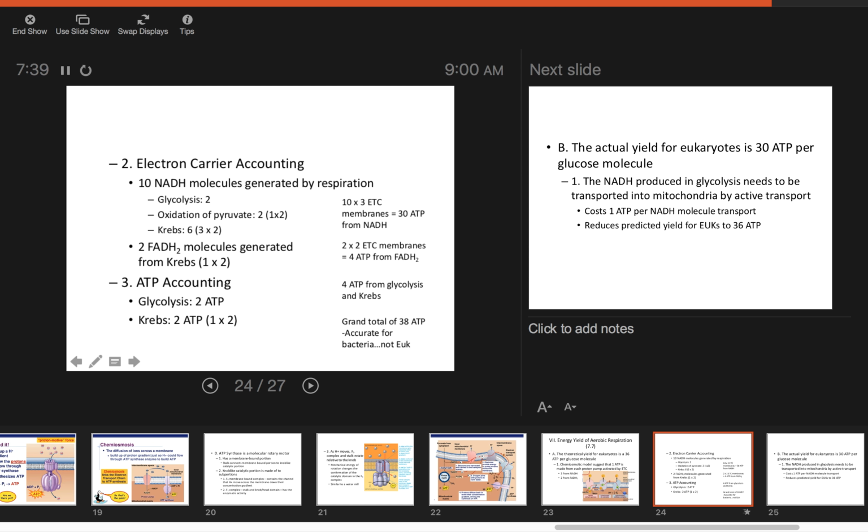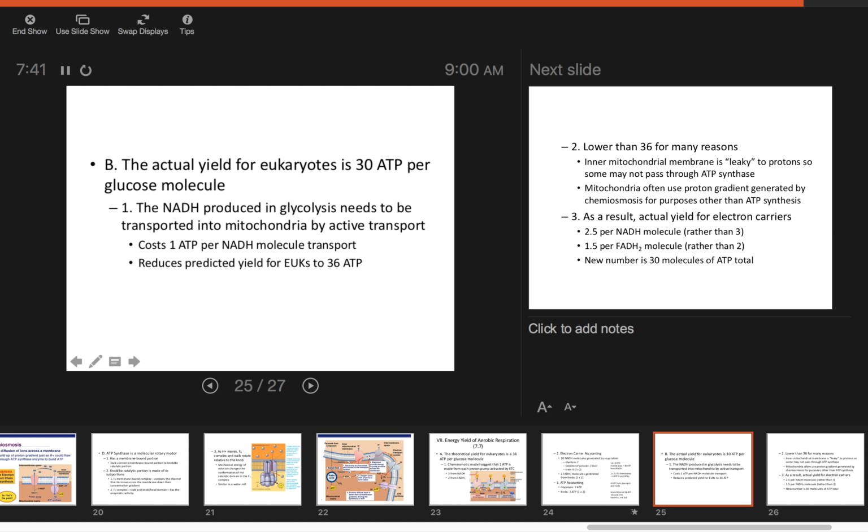So the Krebs cycle happens twice. The ETC happens twice. Well, it happens with every single electron carrier. Because you notice that it just said NADH and then FADH2. It didn't say 10 NADHs. So you have to think about that for every single electron carrier that goes through.